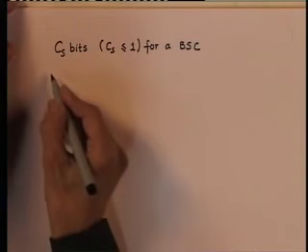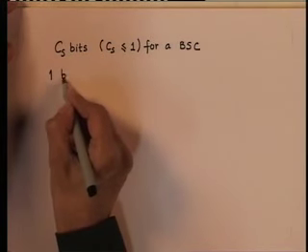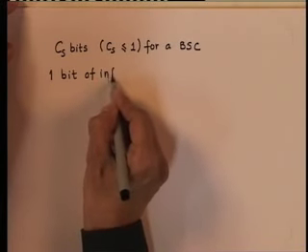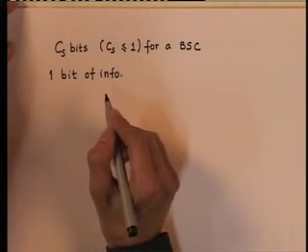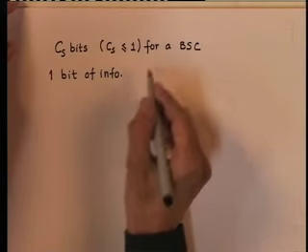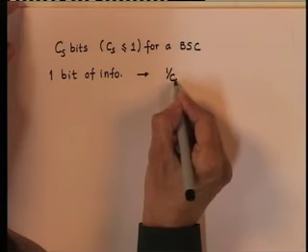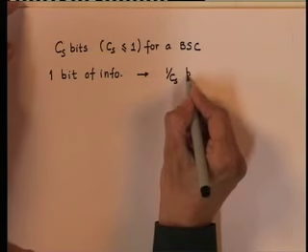Thus, to transmit 1 bit of information over a binary symmetric channel, we need to transmit at least 1 by Cs binary digits.